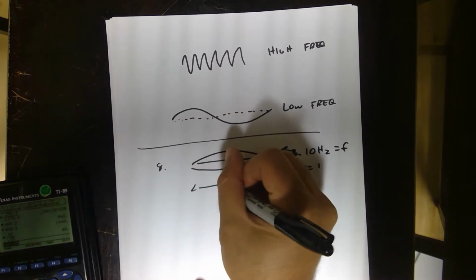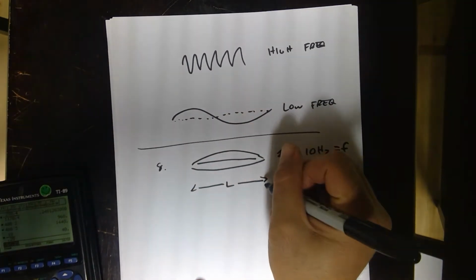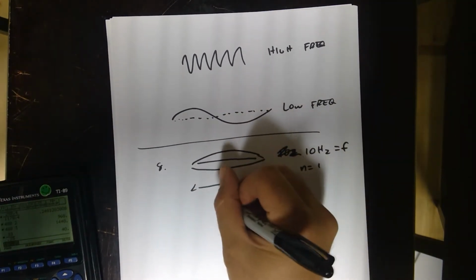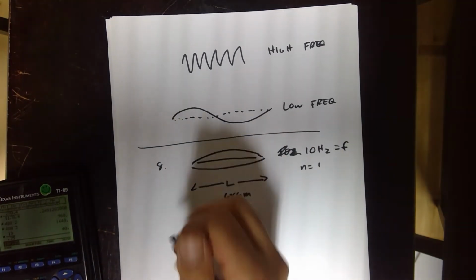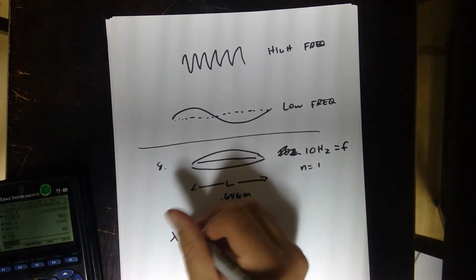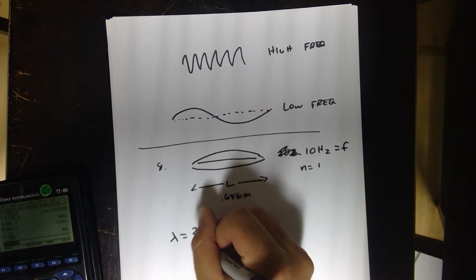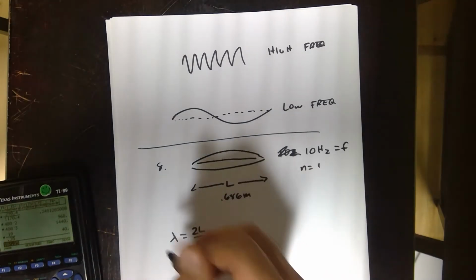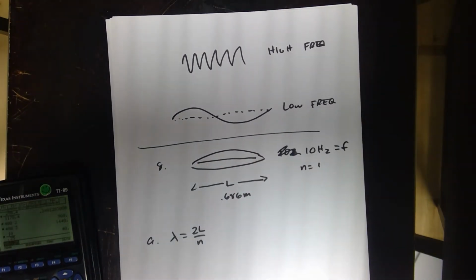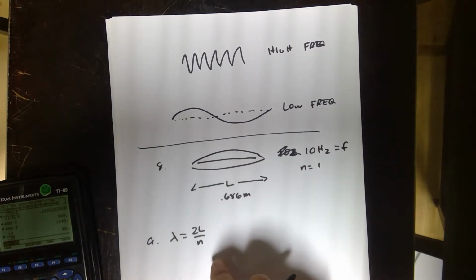One thing that we want to look at in the problem is that the length of the string was given to us. It's 0.686 meters. So there's our value for L as well. Now let's just look at our formulas. Wavelength is that. And in fact, we're asked in problem A to solve for wavelength here. And so we have L and we have n.